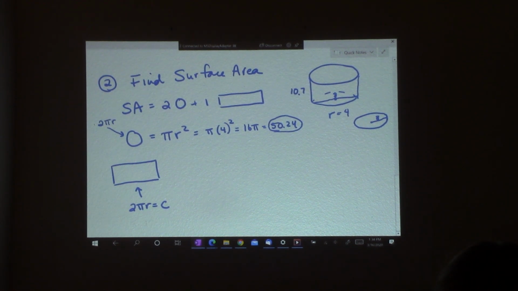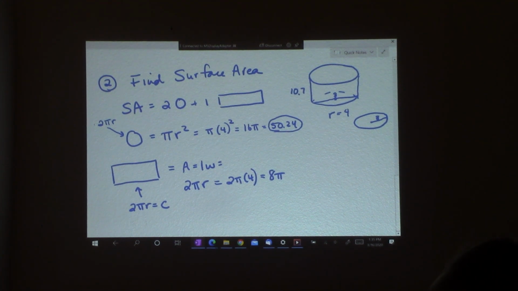Okay, so to find the area of the rectangle, that's going to be area equals length times width. And so first I have to find the 2 pi r. And again, I already know my radius is 4. So that's 8 pi.